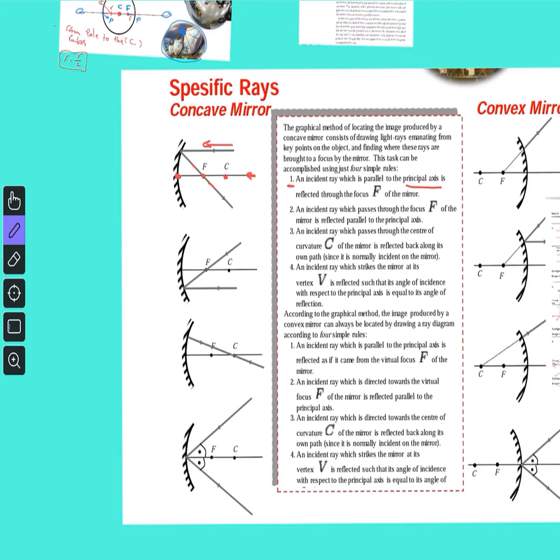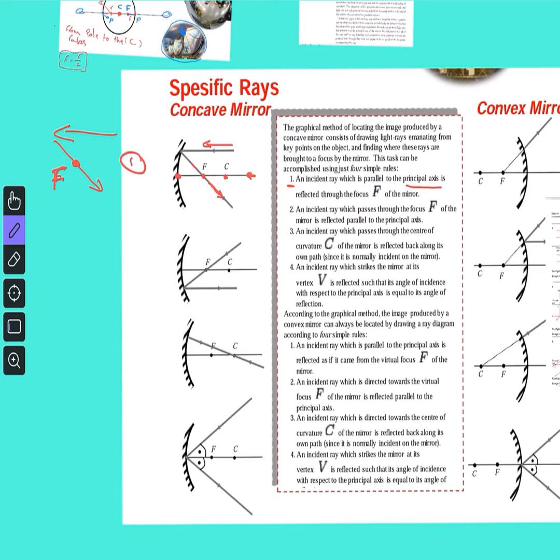That's the rule. When you send the light straight and parallel to the optical axis to the mirror, it's going to be reflected back through the focal point, guys.